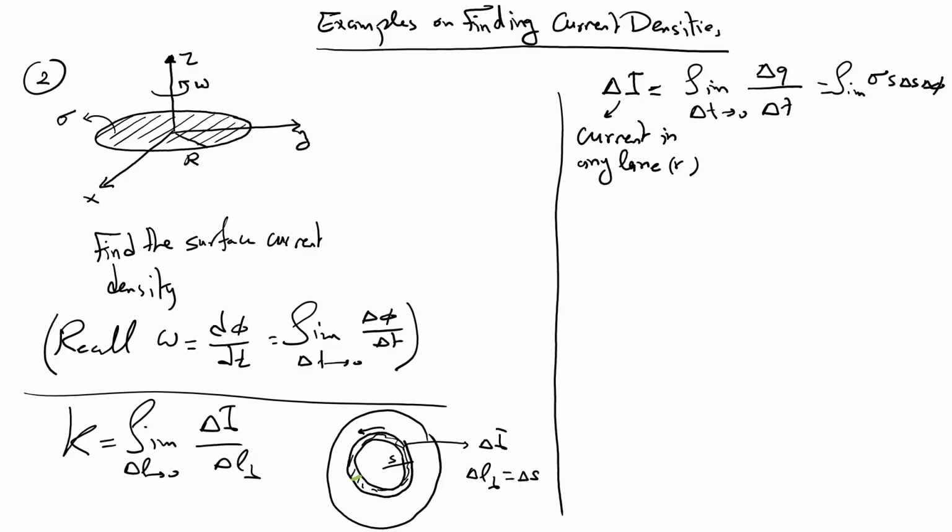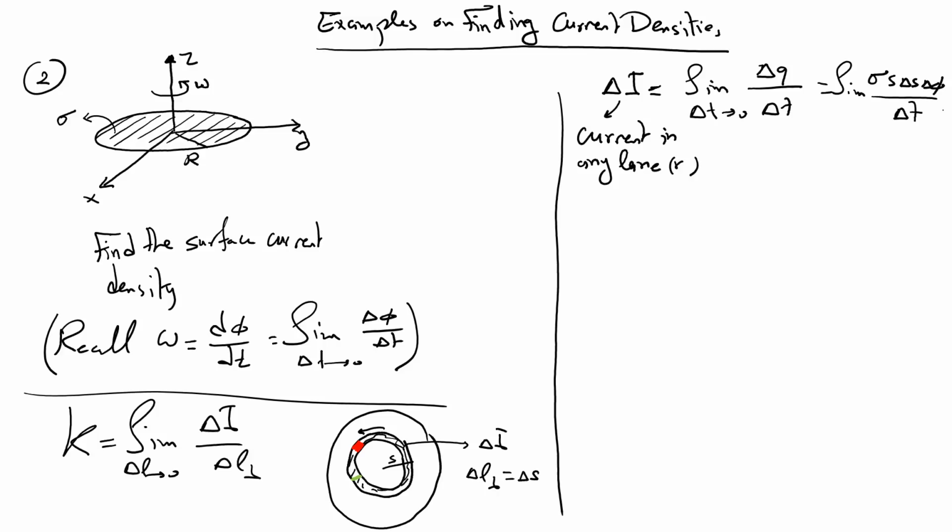All right, so basically, let me do this in different colors. This is the area that we're looking at. This area in cylindrical coordinates is just s ds d phi. You can think of it as a little rectangle, and you can justify that the dimensions of the rectangle are delta s and s delta phi. Then you divide this by delta t, and then you take the limit.